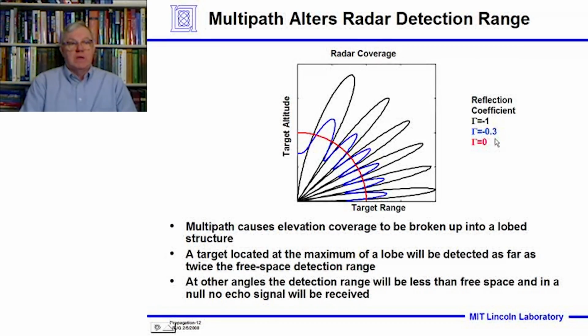In between, if we have a reflection coefficient that's moderate, say 0.3, which would be a slightly rough ocean or a medium rough ocean, something like that, then you'll get reduced range, but these minima won't go to zero. The detection range will go down, but not to zero. Okay? So you can detect farther and less.